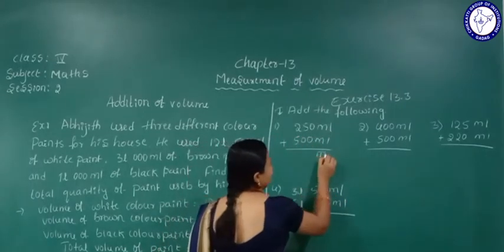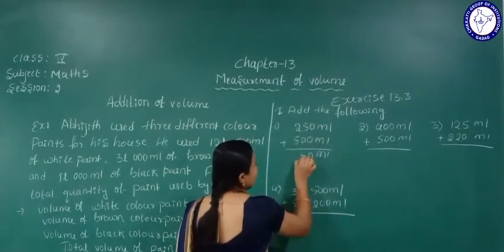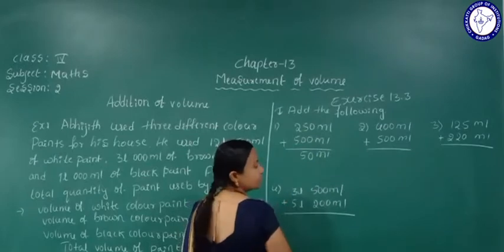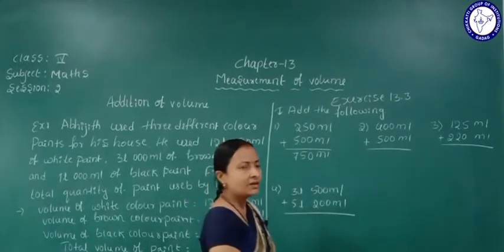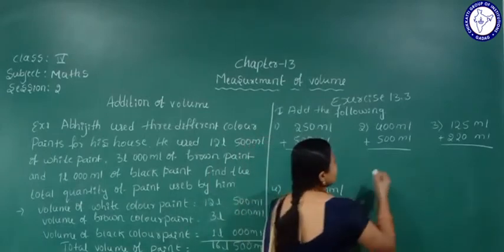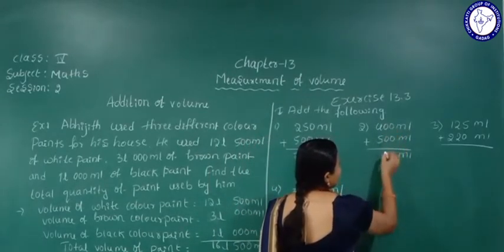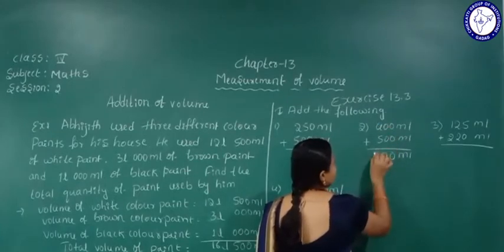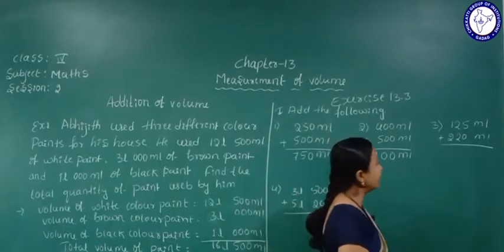Here we will add these two. In ml: 0 plus 0 is 0, 5 plus 0 is 5, 5 plus 2 is 7. The answer is 750 ml. Second one: 0 plus 0 is 0, 0 plus 0 is 0, 5 plus 4 is 9, 900 ml.